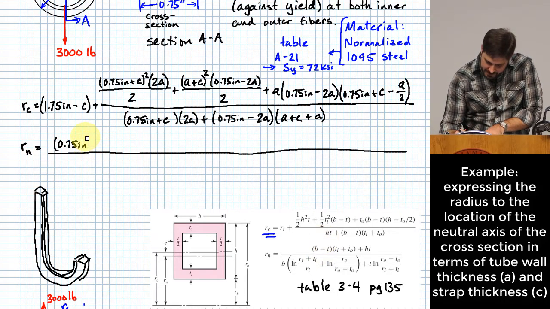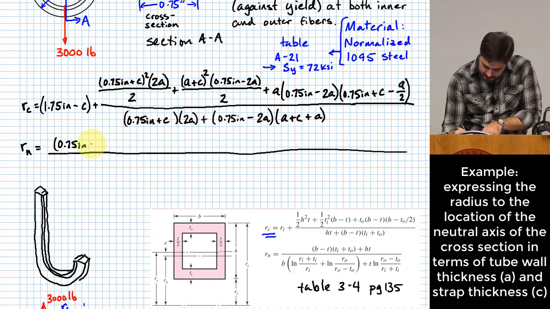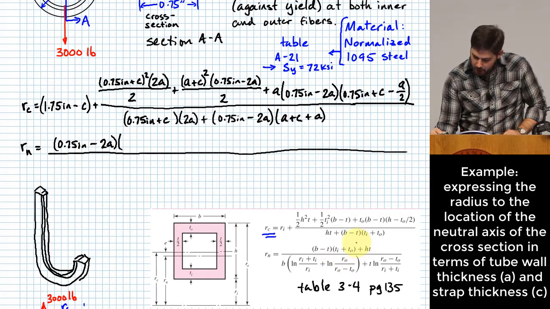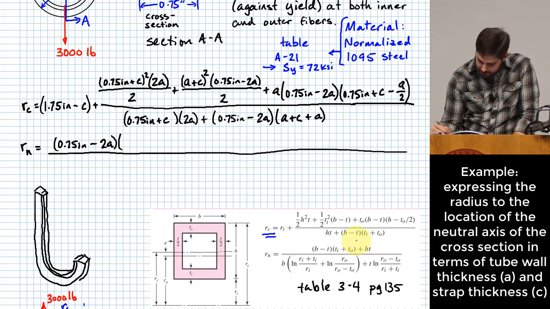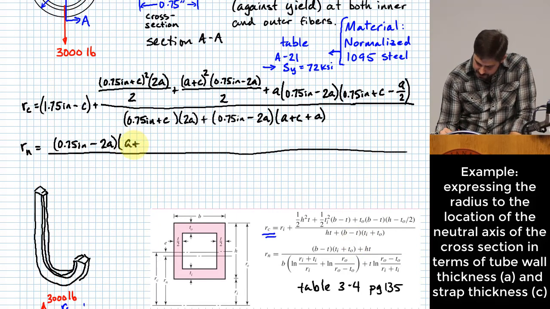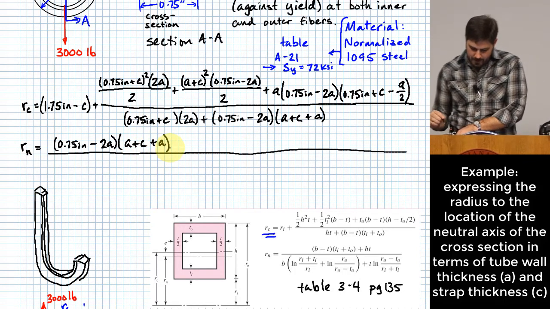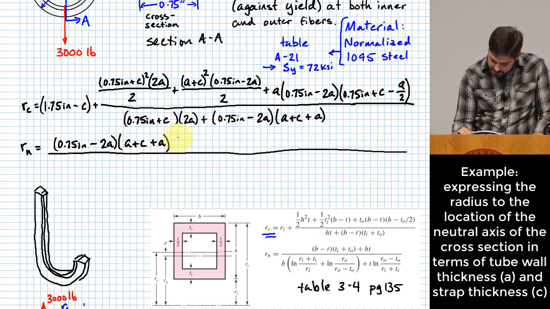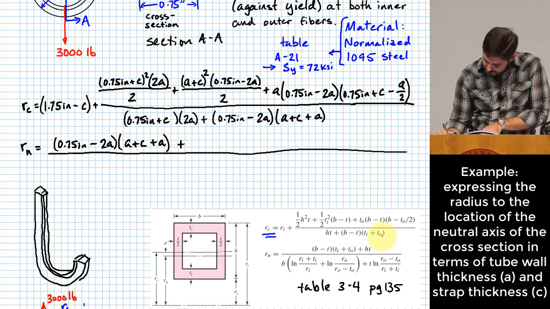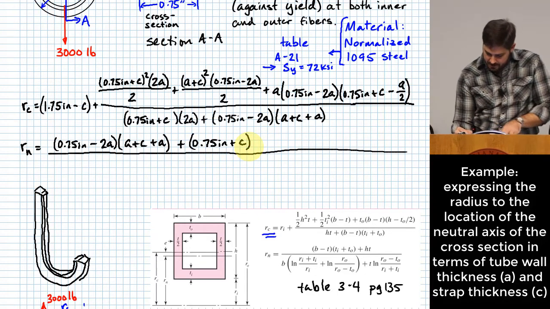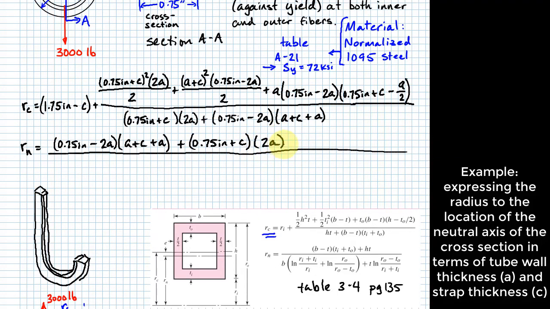Then that is B minus T, where T is 2A. This is going to be multiplied by T sub O. T sub I is A plus C, and T sub O is just A. And then we're going to add to this H times T. H is 0.75 inches plus C, and T is 2A.